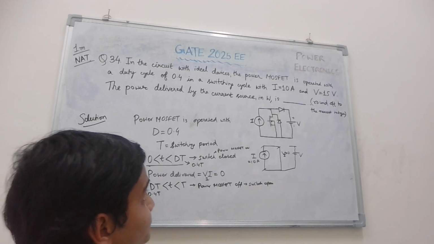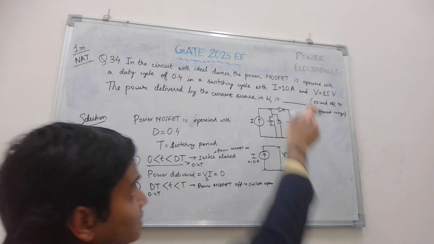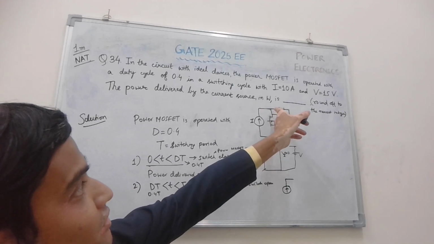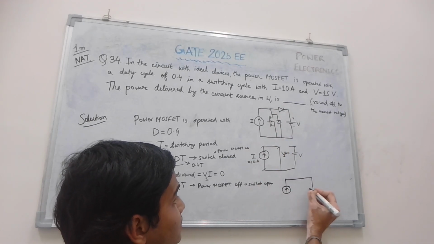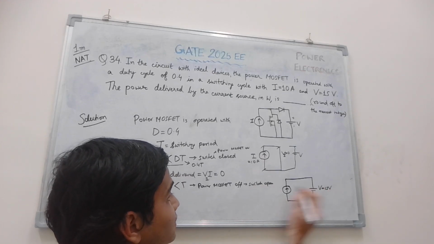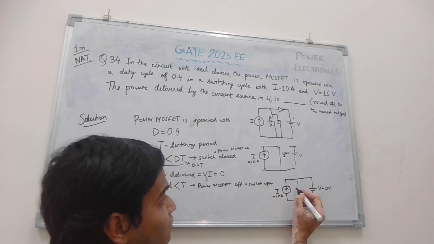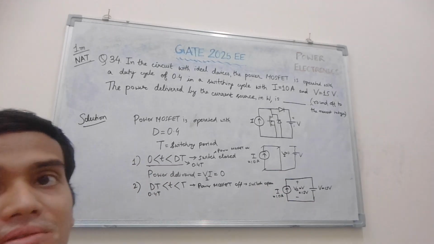Switch open means the current source current is conducted in this direction, so this effectively short circuits the diode. The effective circuit will be like this. So the voltage across the current source will be the same as V, 15 volt.